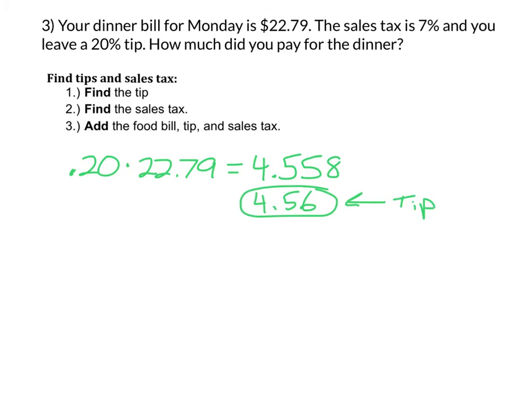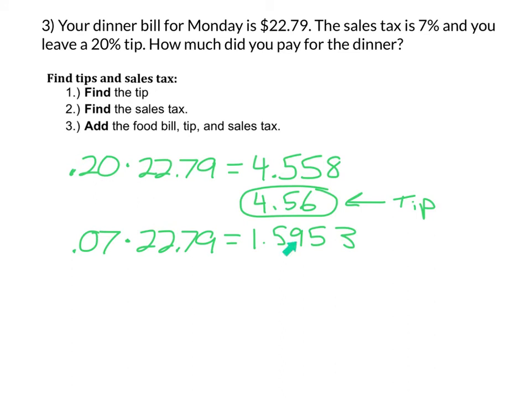Now we have to calculate the tax as well that we spend on our meal. So 7% of $22.79. 7% we write as 0.07. We multiply that by the bill. When we do that calculation, we get 1.5953.